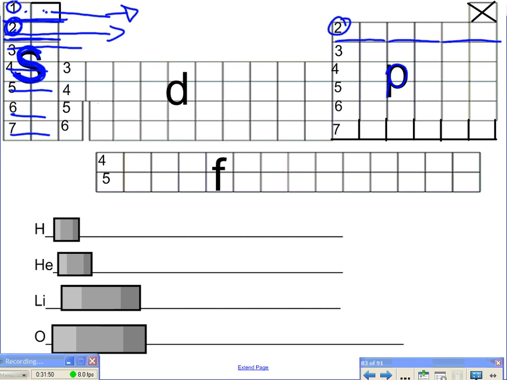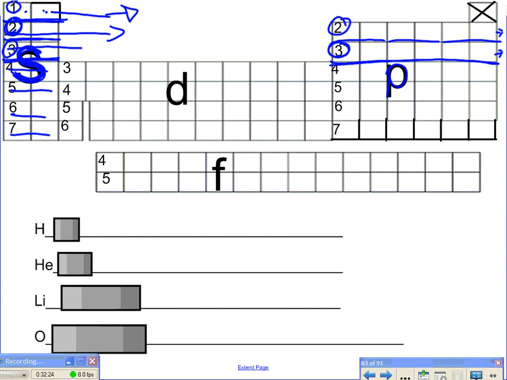Once I've filled up that, then there's nowhere else to go, so I have to go to the third energy level, and it has an s, and it gets 2 electrons. And then the third energy level has a p, and it gets 6 electrons. And then there's nothing else there, so we have to go to the next one. Now, we talked about that the third energy level has 3 sublevels, s, p, d.